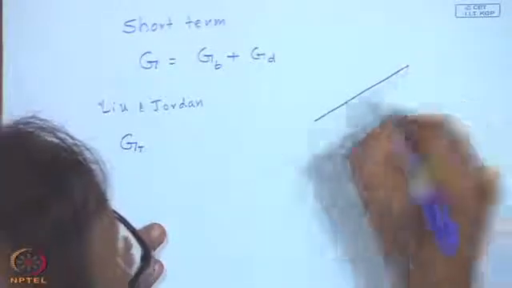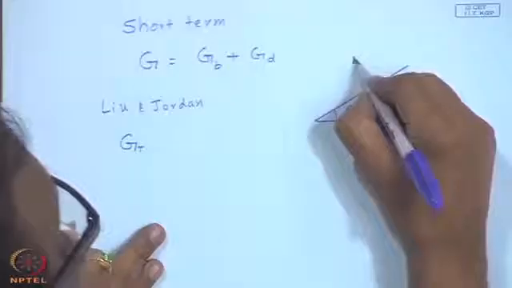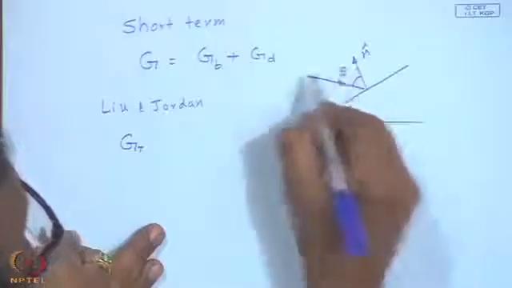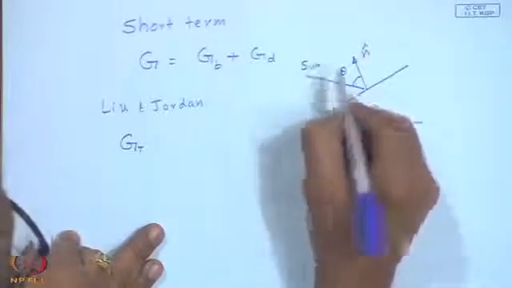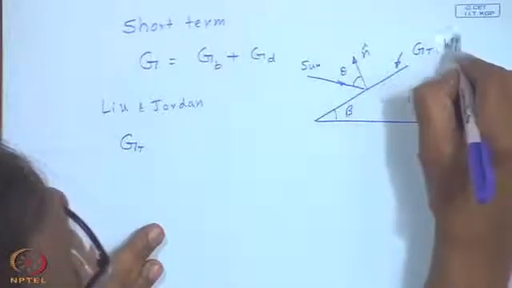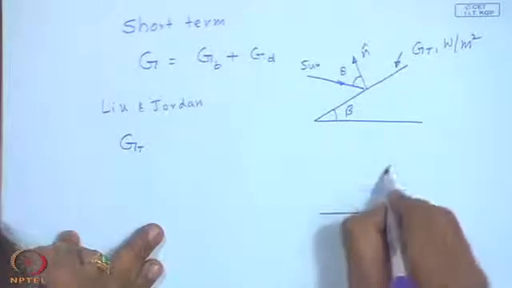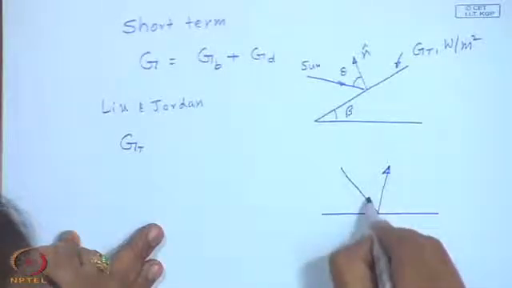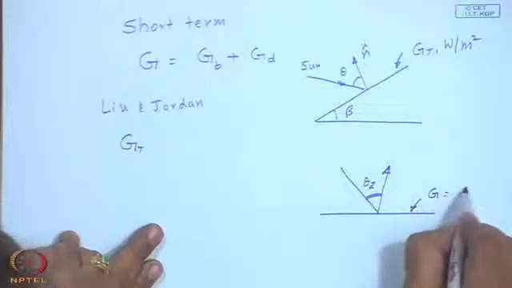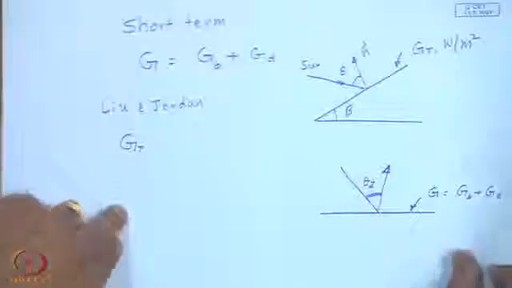Now, what I have got is beta, outer normal and the sun's ray making angle theta, and this is G T, watts per meter square, compare it to horizontal surface making an angle theta z, where this is G equal to G B plus G D. Is it okay?